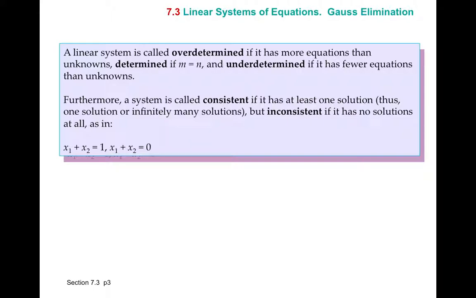Another definition is consistent versus inconsistent. A system is called consistent if it has at least one solution, but it's called inconsistent if it has no solutions. If you look at this example, clearly we have x1 plus x2 equal to two completely different things. There's no way both of those statements can be true, so that would be an example of an inconsistent system.